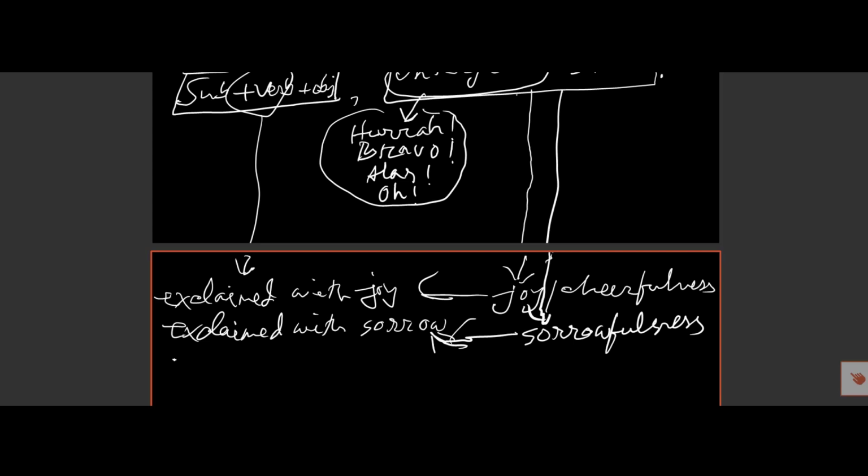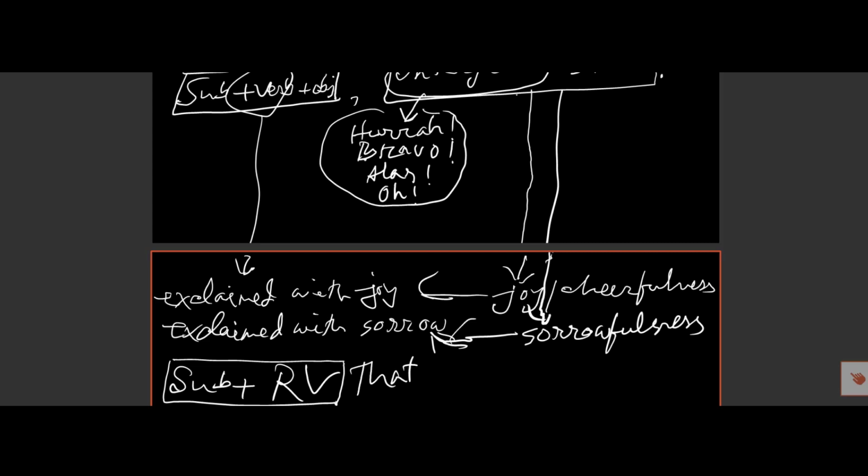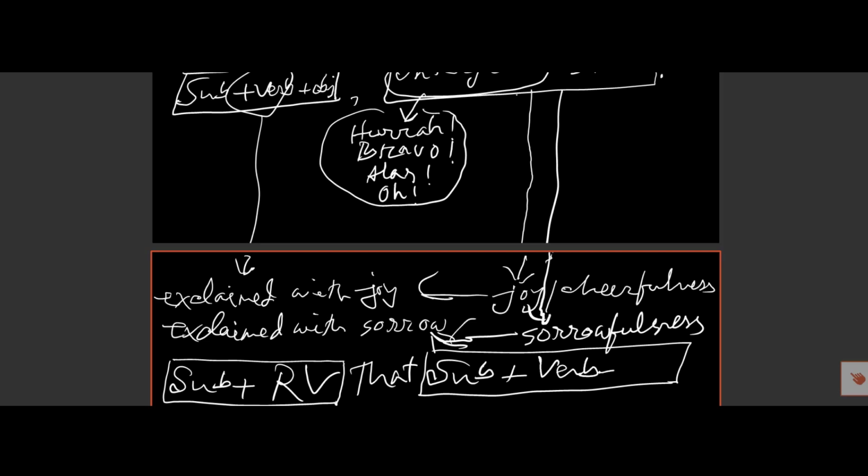And the indirect structure will be: subject, then reporting verb, then, removing the inverted comma, comes that, and then the sentence: subject comes, then verb, then object.